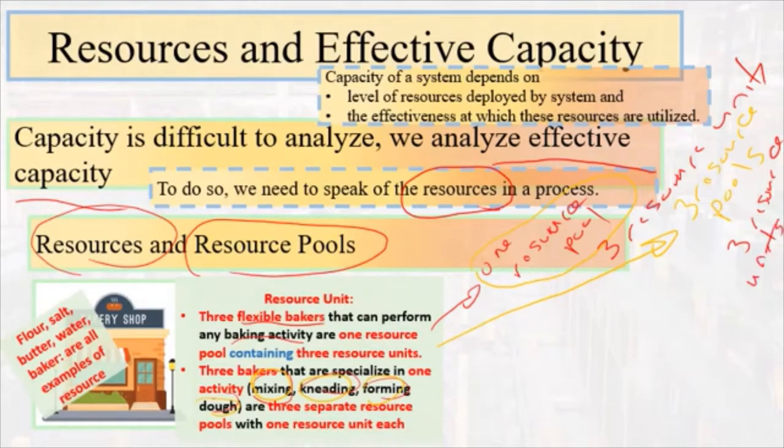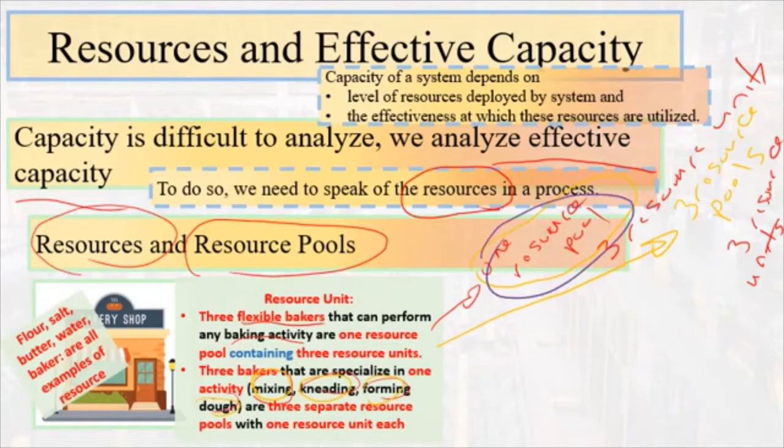So the number of resource units is not affected by whether you have specialization or not. If we have three bakers all experienced in doing all three activities, there are still three resource units, but they're in one resource pool.